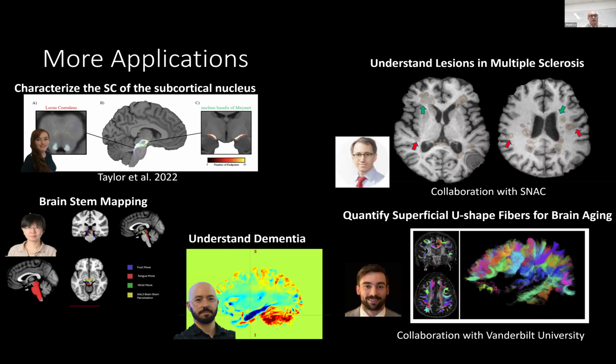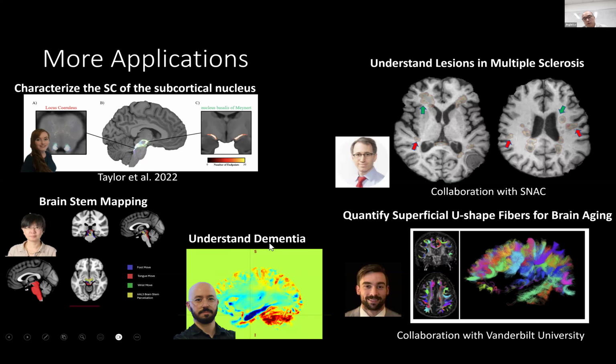There are many other applications which are going on or already published. But overall, the multimodal brain template can be used to map different brain structures, map different brain circuitries. It can be used to study dementia, multiple sclerosis.